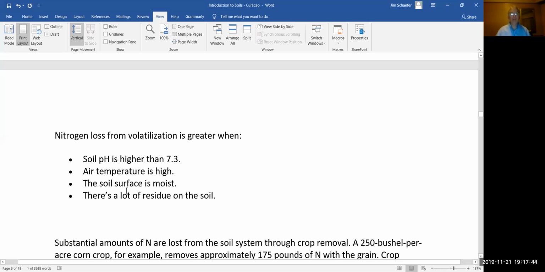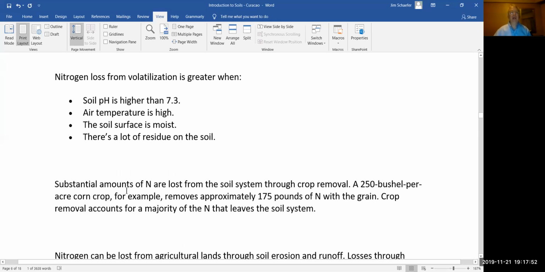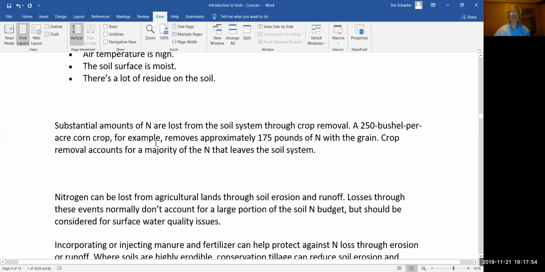We want to illuminate that there are many environments in your soil that need to be managed. Substantial amounts of nitrogen are lost from the soil system through crop removal. This is a big one. This is very important. This is something that you all need to be aware of.